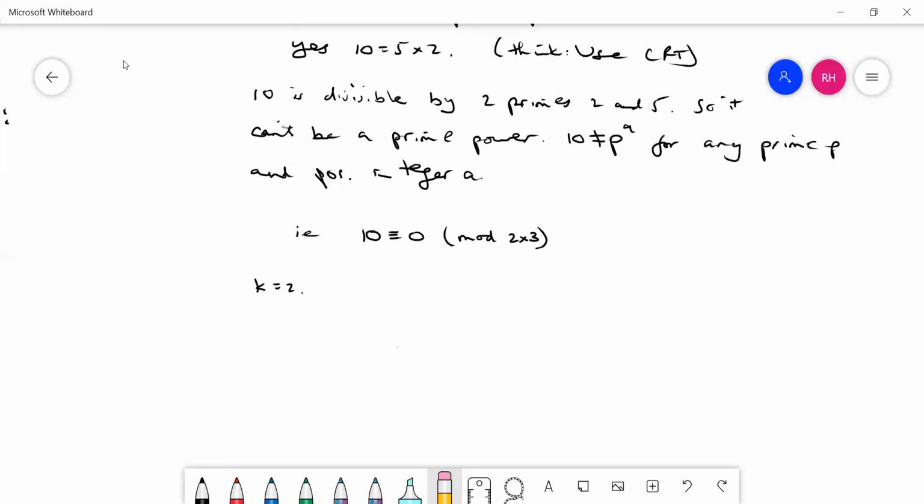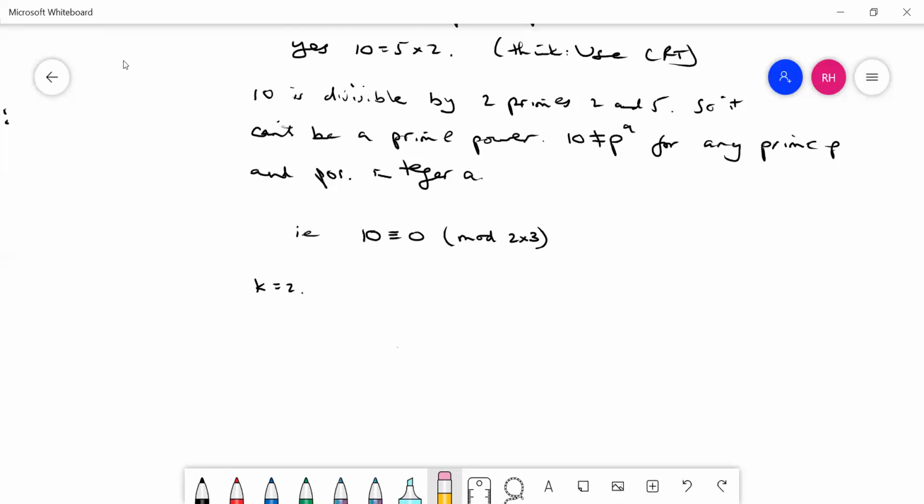So k equals 2. What do we want? We want 2 numbers that aren't prime powers, which includes primes.